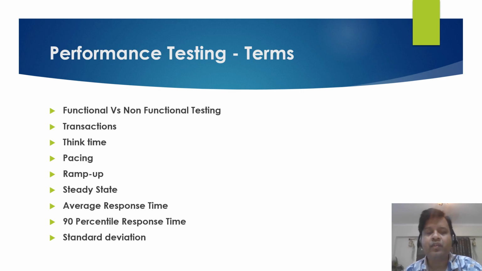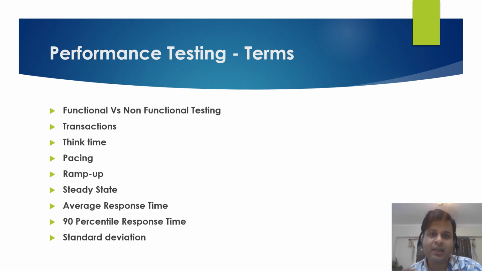Another thing most of us have seen in performance reports but do not consider is standard deviation. Standard deviation defines the variation from your mean. The lesser the standard deviation value, the more stable your response time will be.